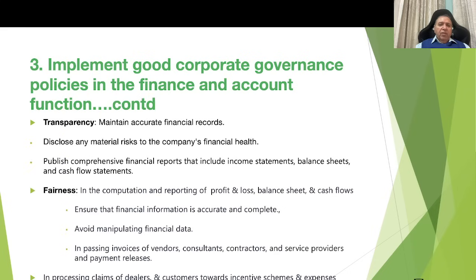Transparency. The team must maintain accurate financial records, disclose any material risks to the company's financial health, publish comprehensive financial reports that include income statement, balance sheets and cash flow statements. Fairness.